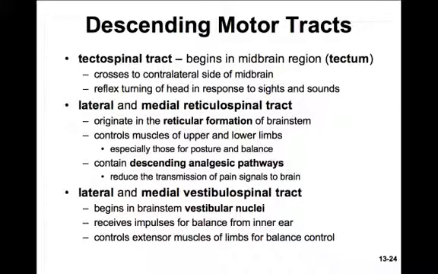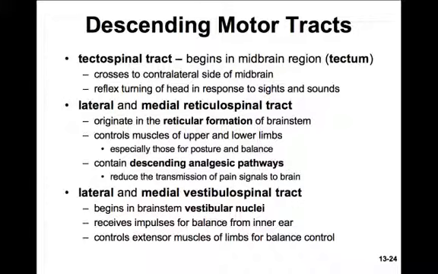The lateral and medial reticulospinal tracts control muscles of the upper and lower limbs, especially those involved in balance. Some of them contain descending analgesic pathways. That is, they reduce the transmission of pain signals to the brain to dampen our experience of pain. There's a lateral and medial vestibulospinal tract. It begins in the brainstem at the vestibular nuclei and receives impulses about balance from the organs of our inner ear.